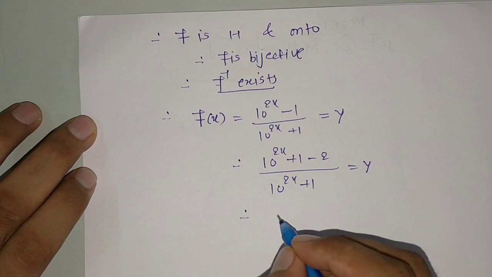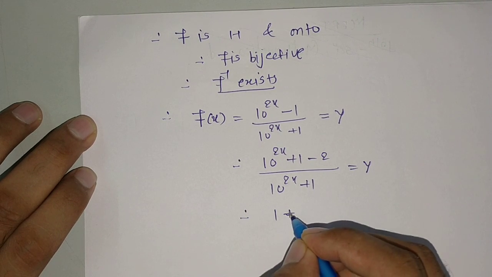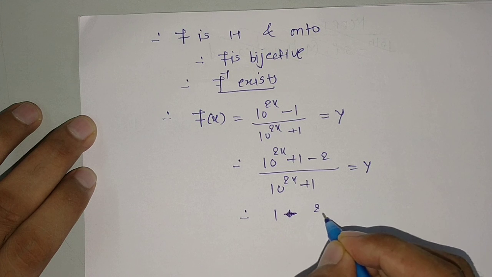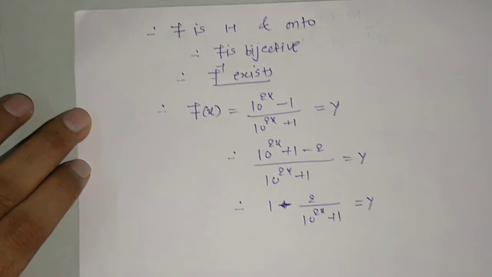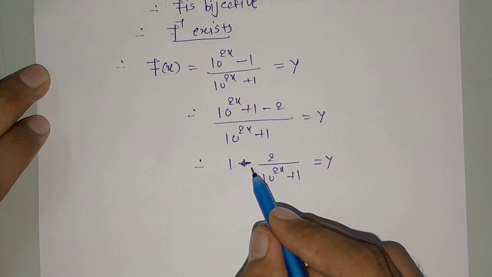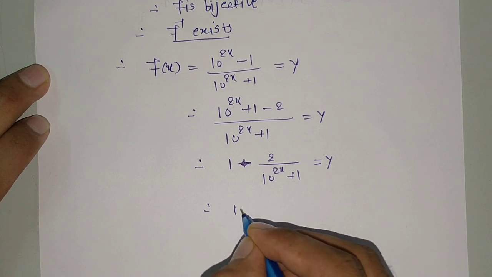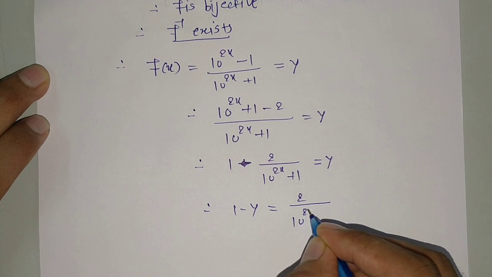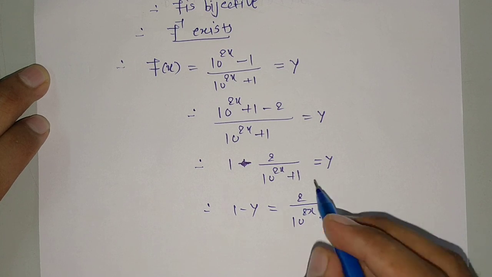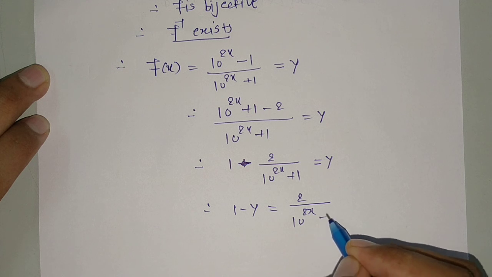If we divide the terms, we will get 1 minus 2 upon 10 raised to 2x plus 1 equals y. Now taking y on this side and the negative term on the right hand side, we get 1 minus y is equal to 2 upon 10 raised to 2x plus 1.